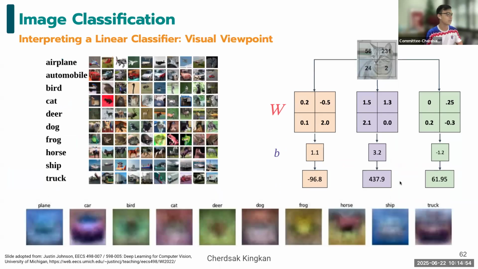So what it means here is that it looks like we perform template matching. We have a template for each and every class, and this color represents one class. If we have an input, we just slide this template over and see which one gives the highest score, so that the input image belongs to that class.